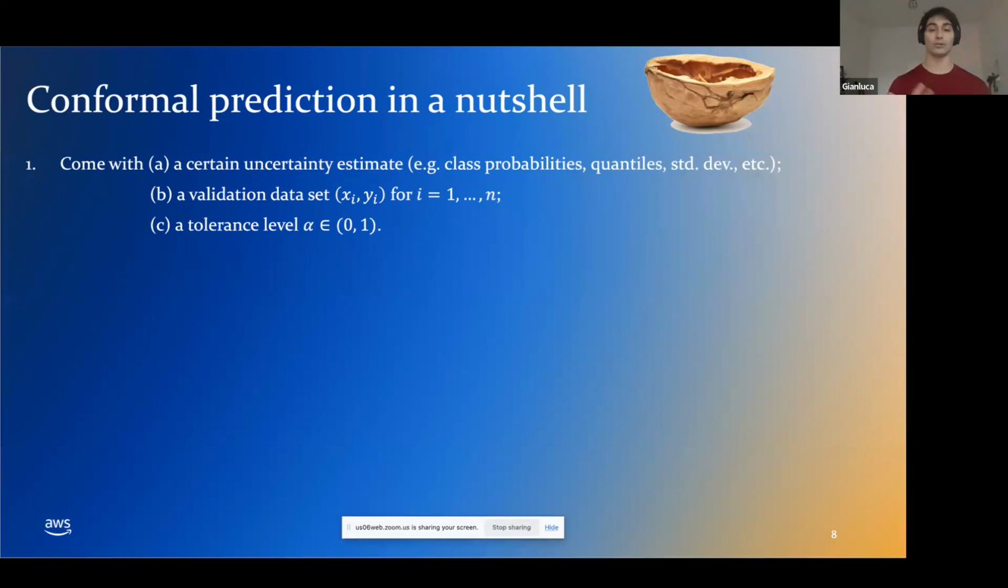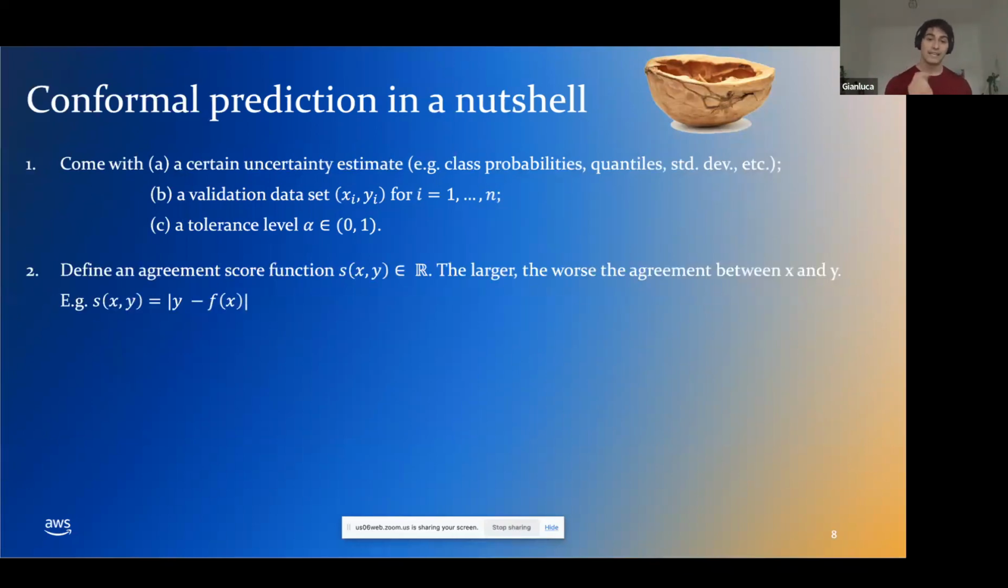It could be an ensemble. It depends on the method, but you give me something, and I do something after. Okay, then again, you will need a validation data set and some tolerance level alpha. So you could think 0.05 if you're trying to obtain some form of 95% interval or set, for example.